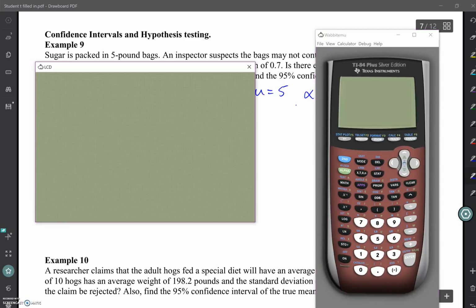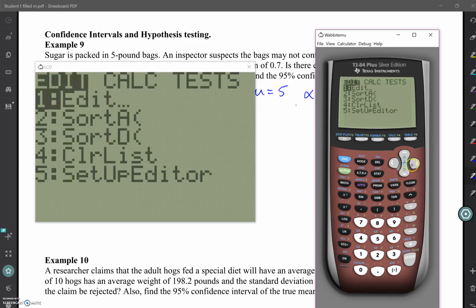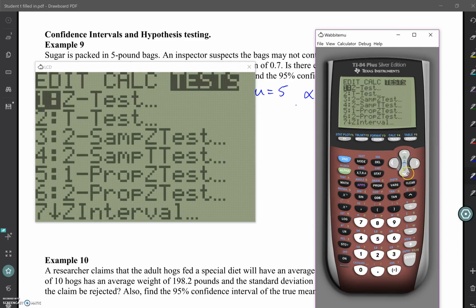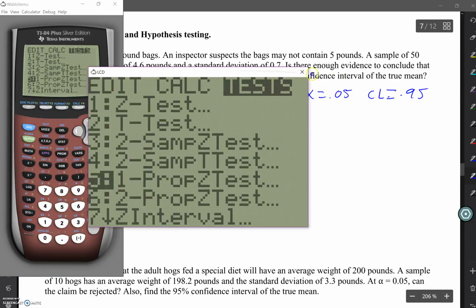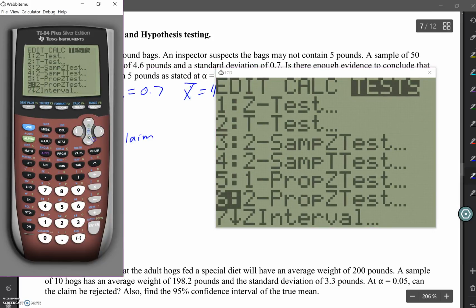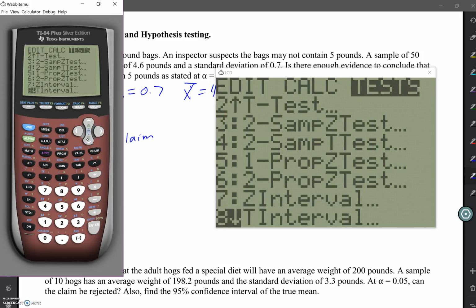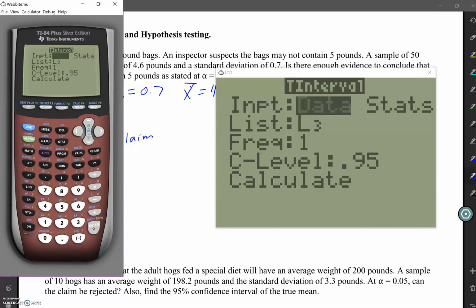So I'm going to go to my stats area and over to test, and make sure I go down to the interval section and pick the T interval. Now we have statistics instead of data.